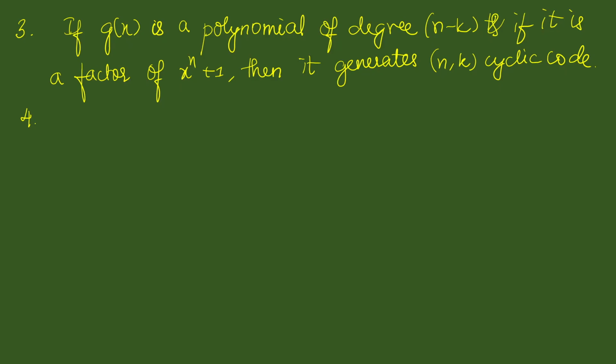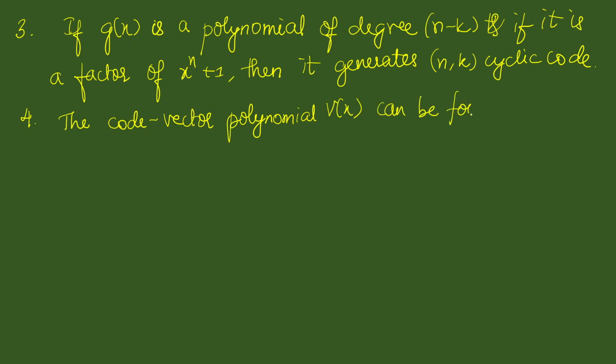So a random polynomial can be called a generator polynomial if it satisfies this particular property. Coming to the fourth property, how do we find the code word? The code vector polynomial, which is addressed as v of x, can be found by just multiplying the data polynomial, or input data sequence polynomial, d of x, with the generator polynomial g of x, where d of x is nothing but the message vector polynomial.